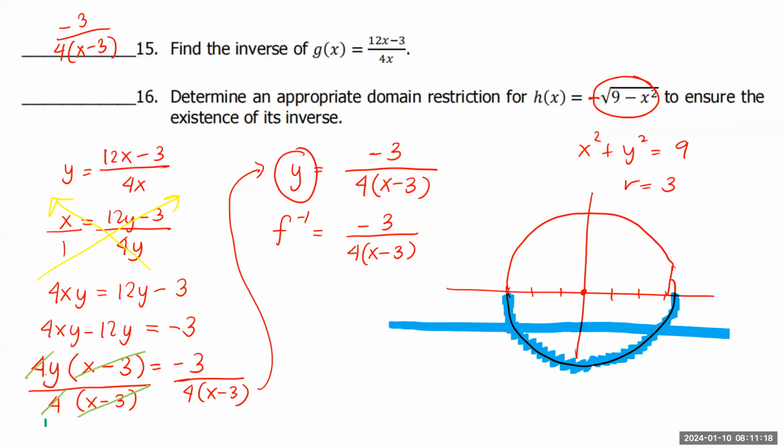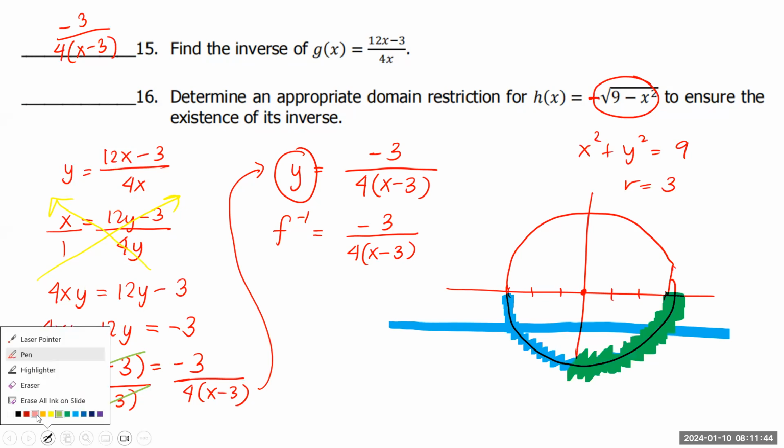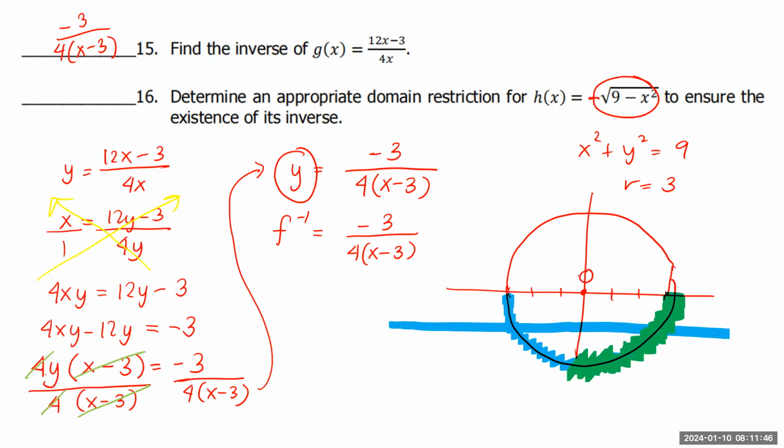So paano daw natin yan gawin na 1-to-1? So if we restrict the domain, let's say ito lang yung i-consider natin na domain, itong green shaded portion, then masasatisfy na natin yung horizontal line test. Okay? So ano ngayon yung magiging domain natin? For the green shaded area, ang magiging domain na lang natin would be from x equals 0 up to 3. Okay?